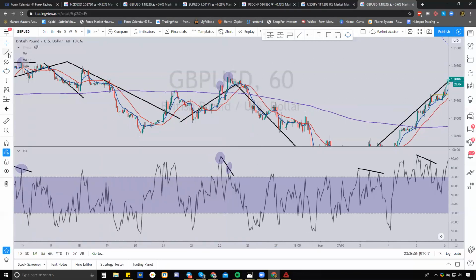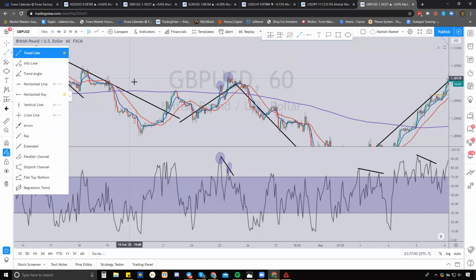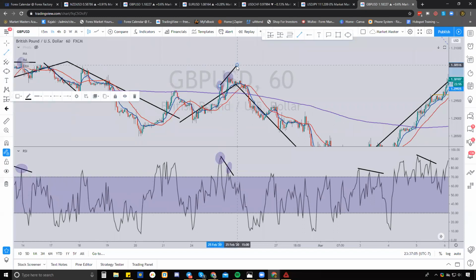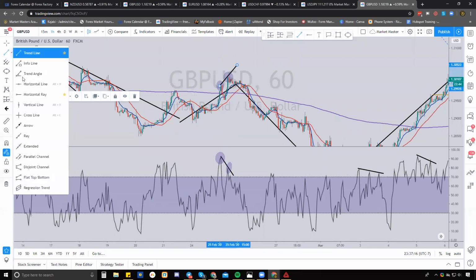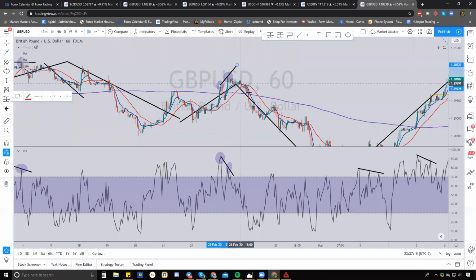Now, what we see right here is what's called divergence. It's that fake out. So when we see price showing that it's moving up like this, and then down here, it's showing that it's going down, this RSI indicator is showing that price is getting weaker while this is showing it's going up. So what happens after that? Price shoots down.